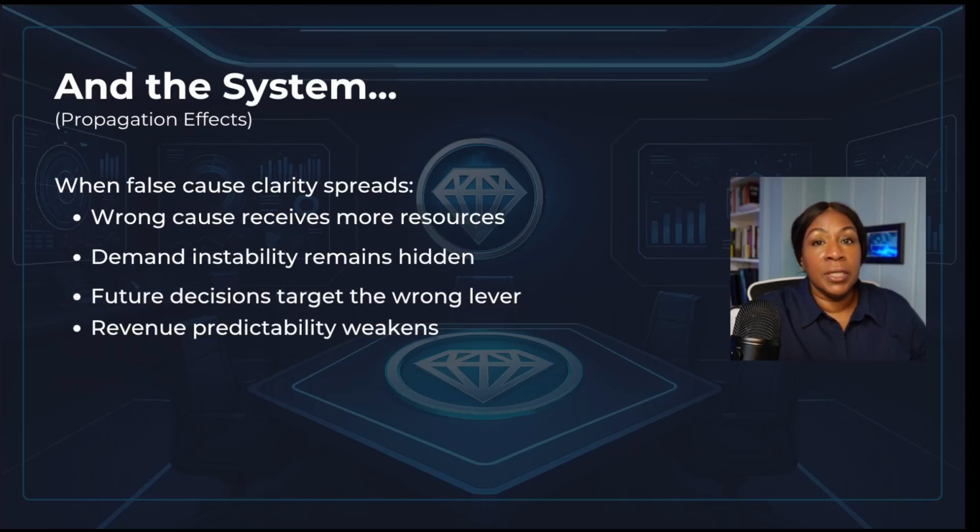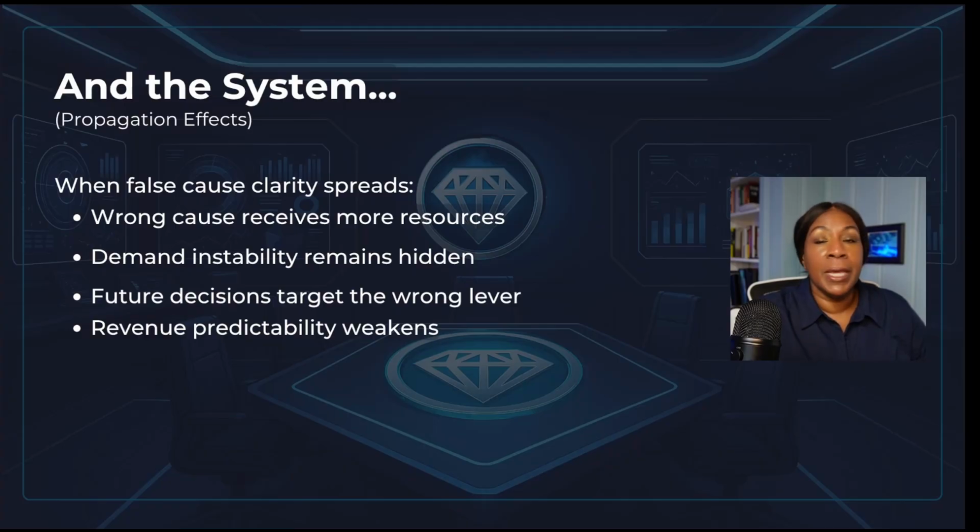And then what happened behind the scenes on the system is, if we have this false cause clarity, we don't address the true constraint, then we run into things like you're allocating resources to the wrong cause at that timing. Everything's a timing issue, right?